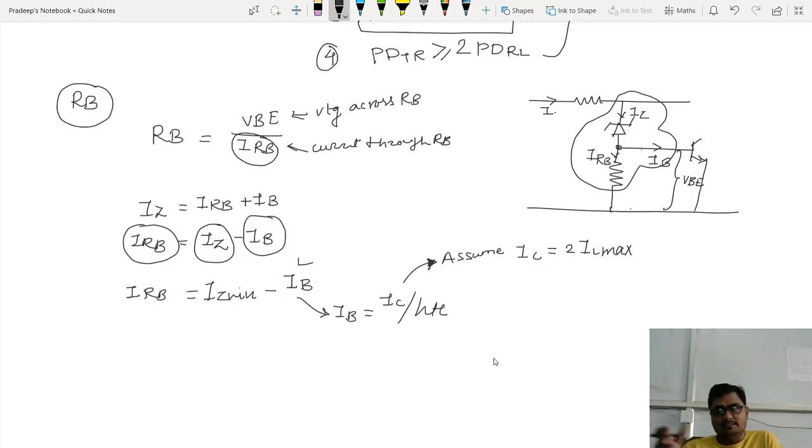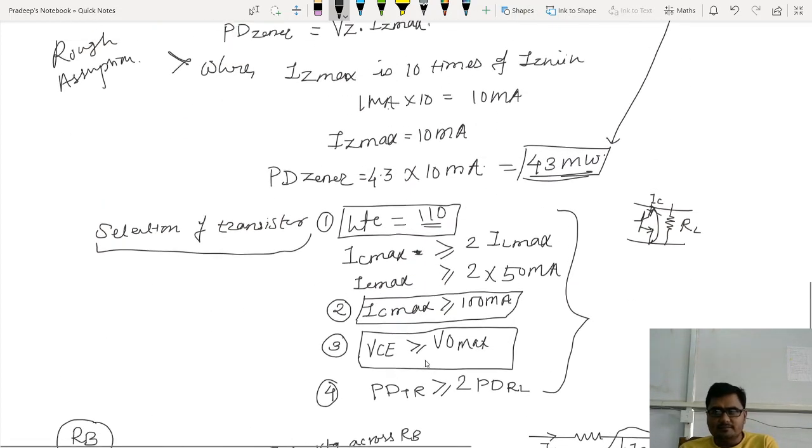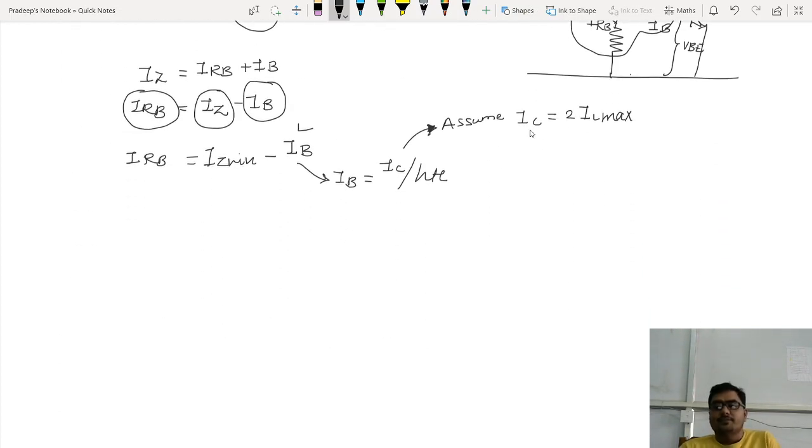IL max is roughly 50 milliamperes, so it is 100 milliamperes. So this IC is 100 milliamperes. So 100 milliamperes divided by HFE, which is given, is your IB. So generally people follow this thing also.